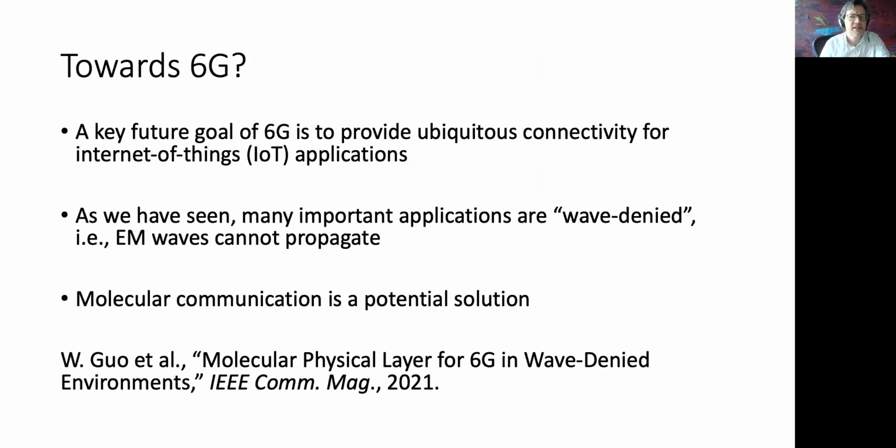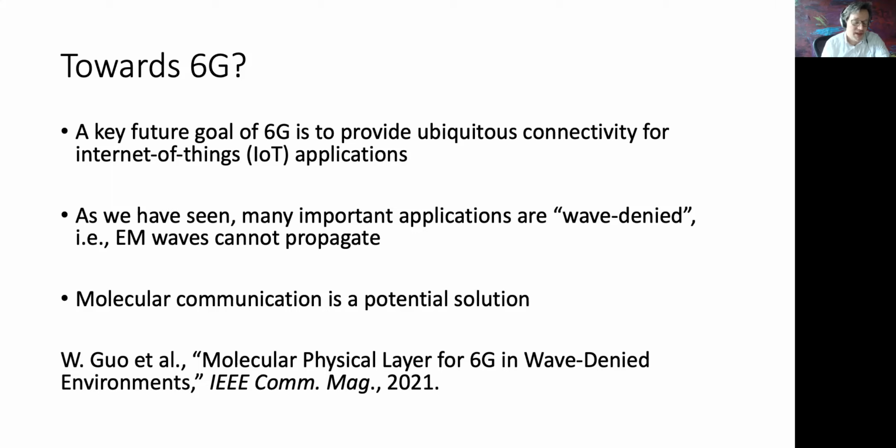So more generally, this is a serious proposal for 6G, the next generation beyond 5G for wireless networks. So a key future goal of 6G networks is to provide ubiquitous connectivity for Internet of Things applications. So ubiquitous means everywhere.